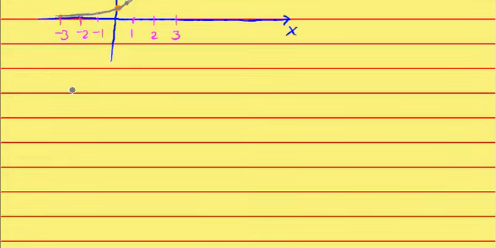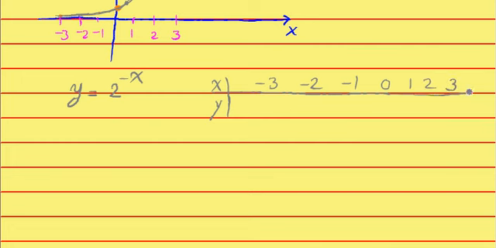Here are some other functions we might like to graph. 2 to the power of minus x. Well, let's quickly go ahead and do this one. Here's x, here's y. Let's take a look at the same set of numbers. I'm afraid that you will get hooked on these numbers and think that somehow these are some holy numbers.